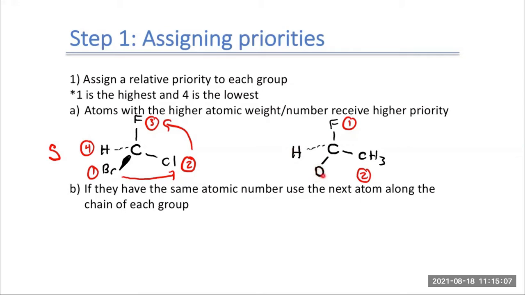Because deuterium is a heavier atom, it weighs more, it gets the higher priority. So then when we connect the priorities together, they end up going in the opposite direction. So this would give us an R configuration because they're going clockwise. It's just like if you look at the hands of a clock, they go around in a circle like that. Our priorities are going around the circle like that.